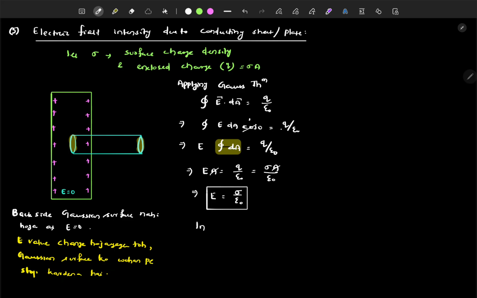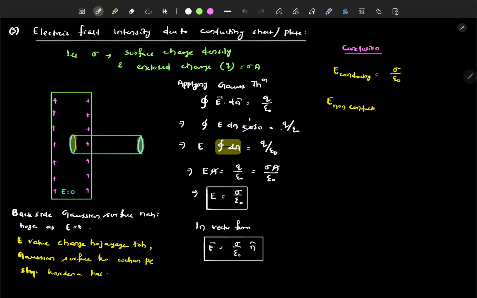In vector form, E vector will be equal to sigma by epsilon naught into n cap. So this is your E conducting, and in the previous case we discussed E for non-conducting. You may write this conclusion, it may come in your board exam. The conclusion is E conducting is equal to sigma by epsilon naught, and E non-conducting is equal to sigma by 2 epsilon naught.